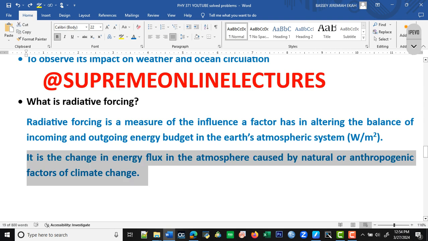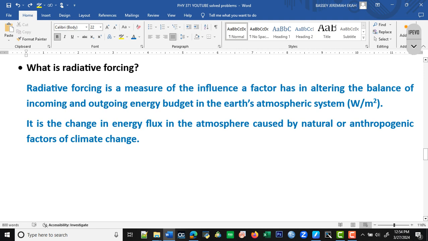You can as well define it as the change in energy flux in the atmosphere, which is caused either by natural or anthropogenic factors.